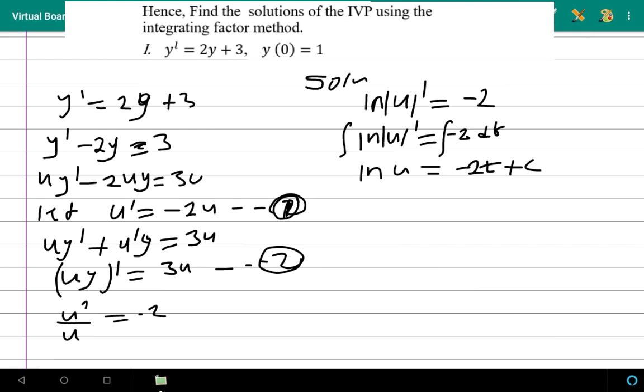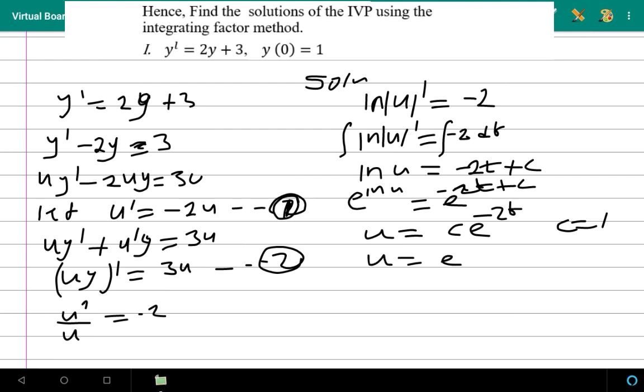Now we are looking for u, so I take e on this, equal to e^(-2t + c). So it means that u is equal to c e^(-2t), but c is equal to 1, implying that my u will be equal to e^(-2t).